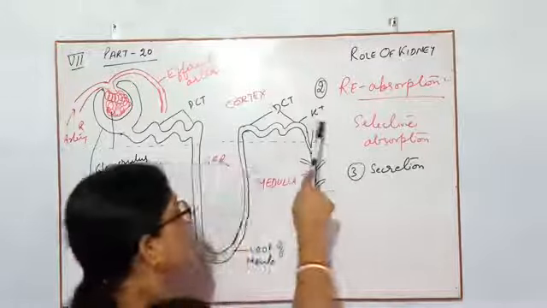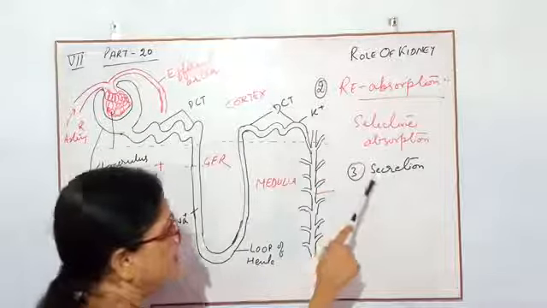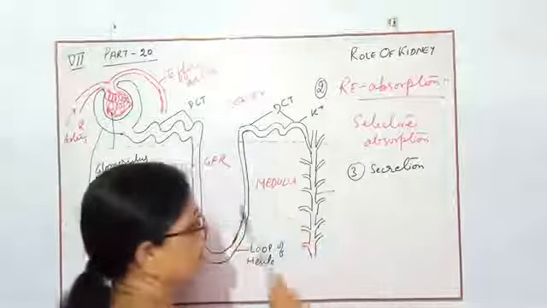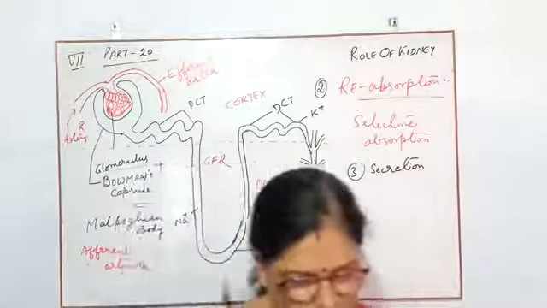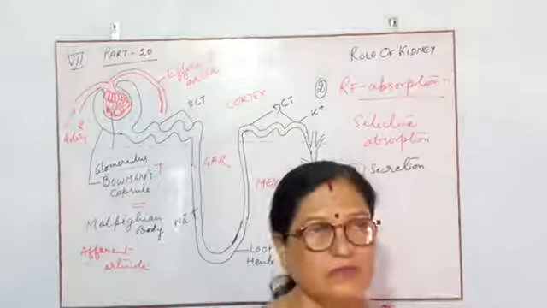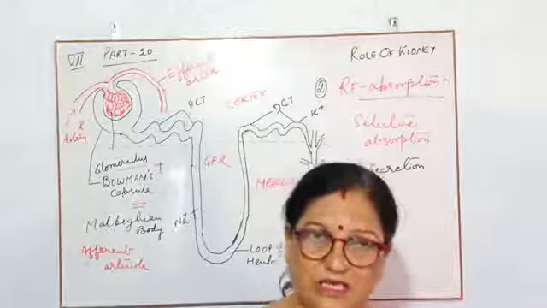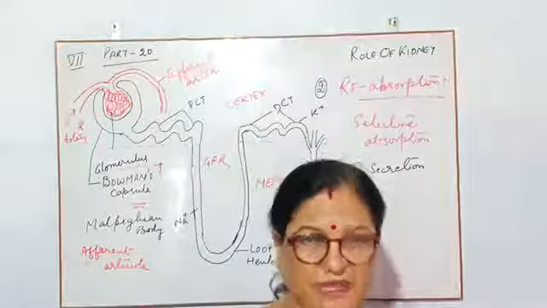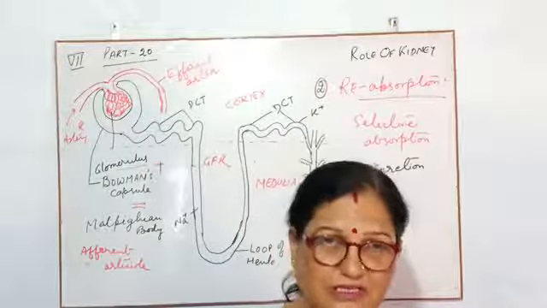So potassium ion is released here, and this process is known as secretion. And now the fluid is totally perfect, or you can say it is perfect urine.